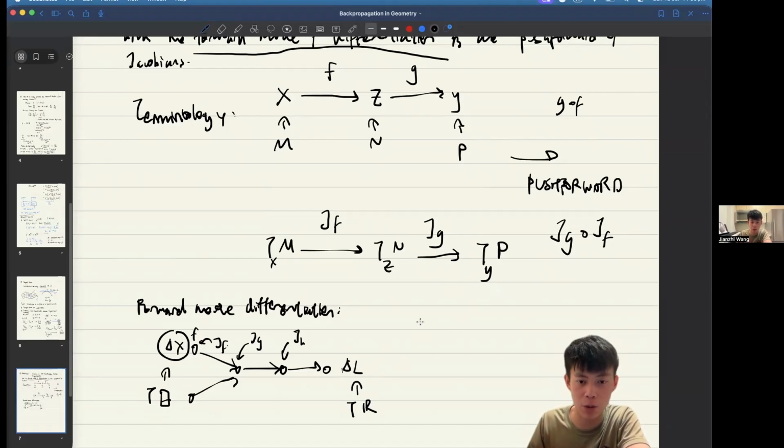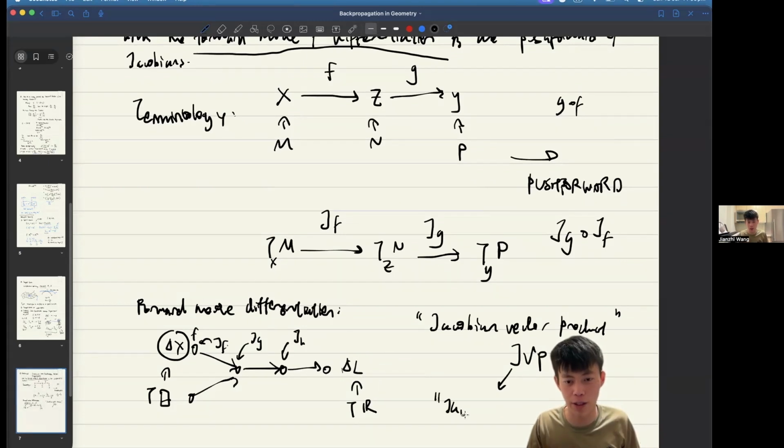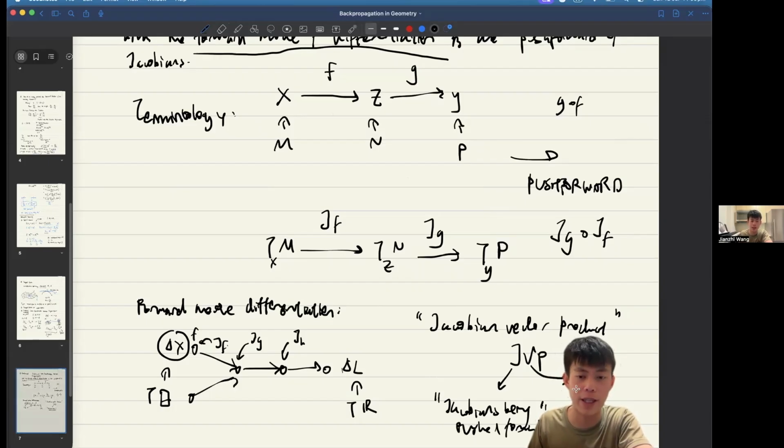You'll often hear people talk about this thing called the Jacobian vector product, or JVP. So this J represents the Jacobians being pushed forward. This V represents the delta x vector. Or maybe I should write delta theta vector. This vector represents the delta theta, right?